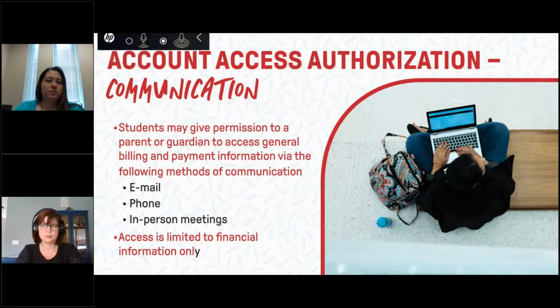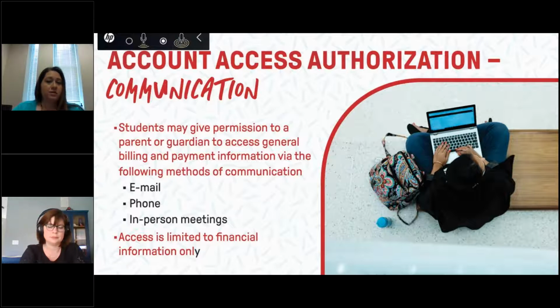So account access authorization can be given in two different ways, and I suggest doing both. The first way is students may give permission to their parent or guardian to access the billing and payment information. So that way you can contact the student accounts office either by email, phone, or even scheduling an appointment for an in-person meeting. This can be done by a form that is given by our office.